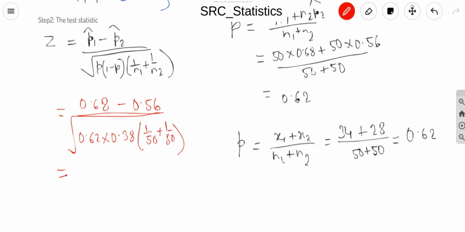After calculation, we get the value of the test statistic as Z equal to 1.24. We keep up to 2 decimal places. Generally, test statistic values are kept up to 2 decimal places.